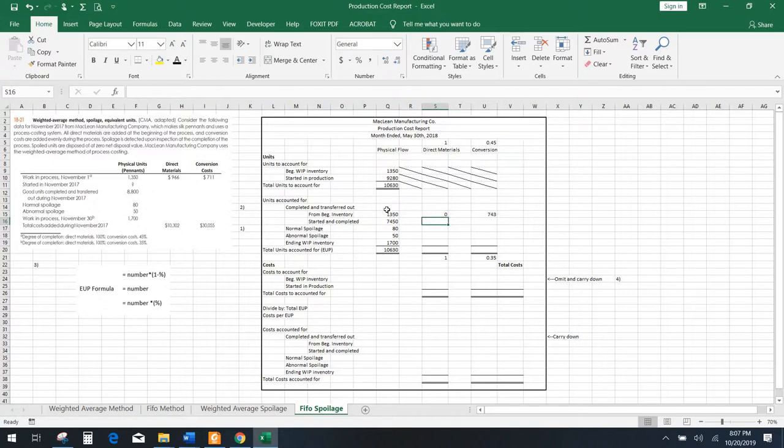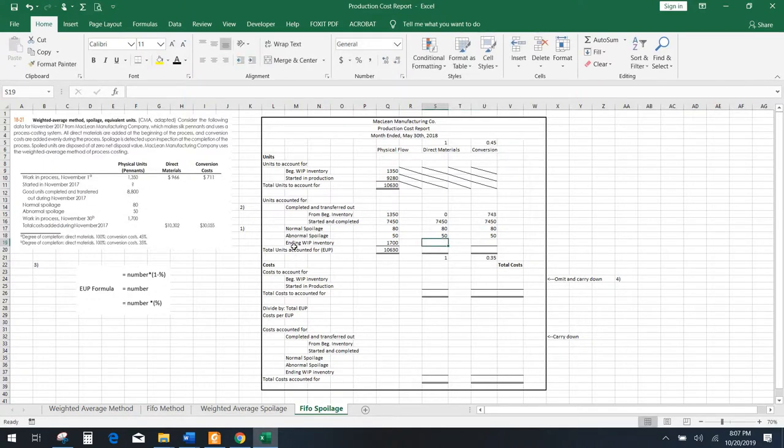Okay, now for all these middle numbers right here, we're going to use this middle formula. So all we have to do is carry the number over. It's just equal to the number. 7450, 7450, 80, 80, 50, 50.